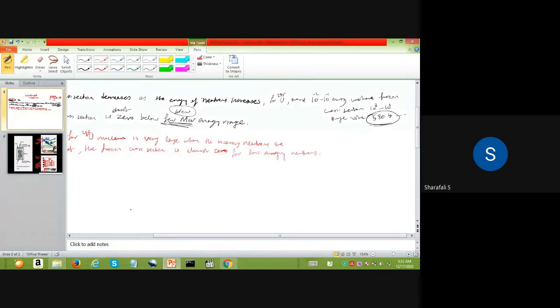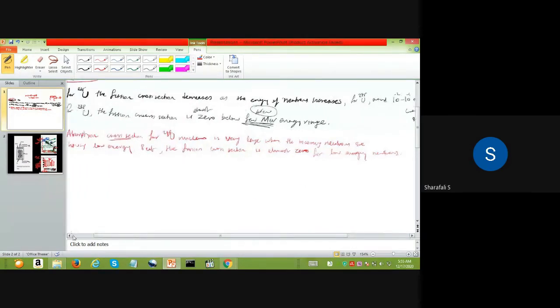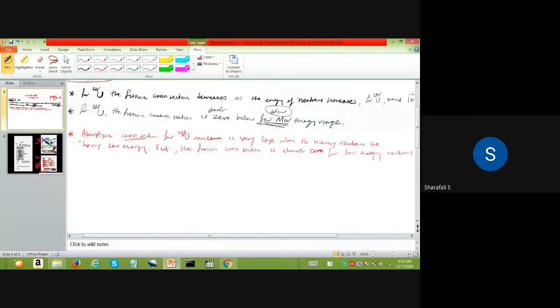You can rewrite these sentences; I am just giving you a hint on how to write these conclusions. If you consider the absorption cross section for uranium-238, you will have a very large value when the neutron has very low energy. But still, the fission cross section for those low energy neutrons will be very small.